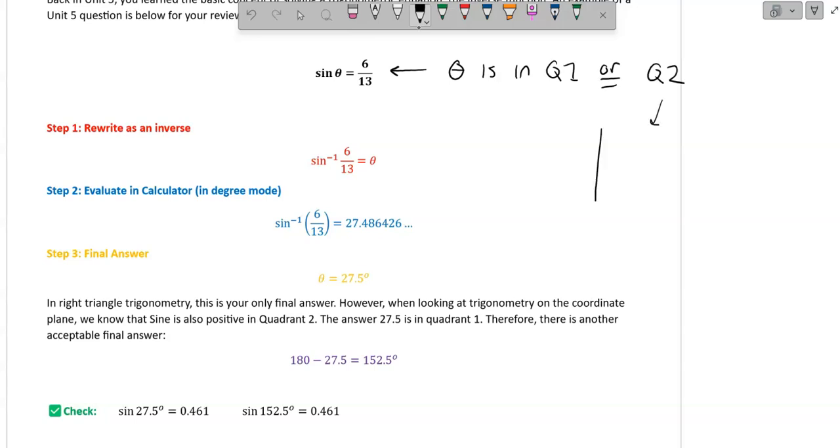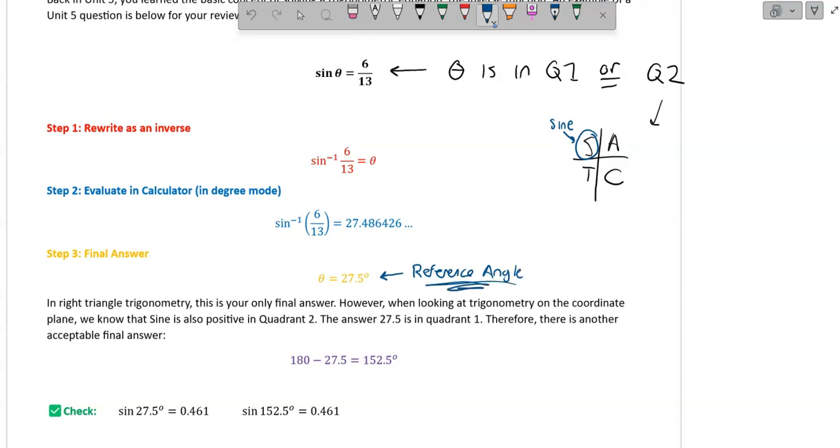The reason it's in quadrant 2 goes back to our conversation about ASTC and knowing that the sine ratio is positive in quadrant 2. So really what this number represents in our wider lens is our reference angle.